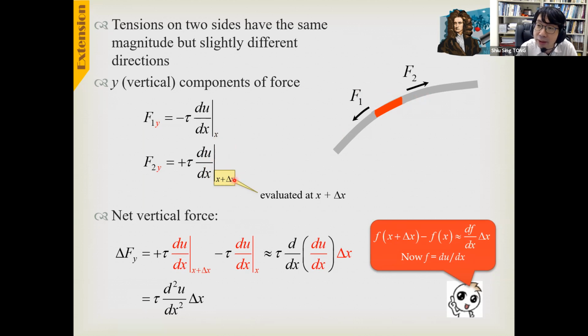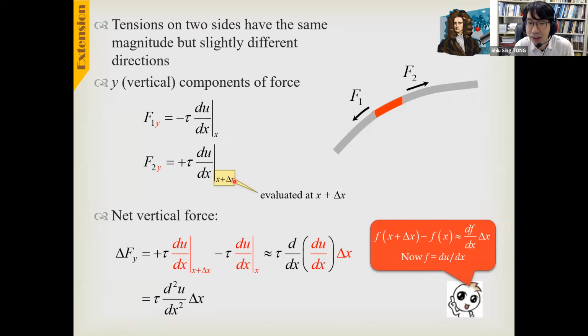Is that clear? Okay. Now, so the magnitude of the force are actually the same. But when we resolve the vertical component, there's a change in angle, right? The left-hand side angle is not the same as the right-hand side angle. So the du dx for the left-hand side is evaluated at x, but the du dx on the right-hand side is evaluated at a slightly different position.